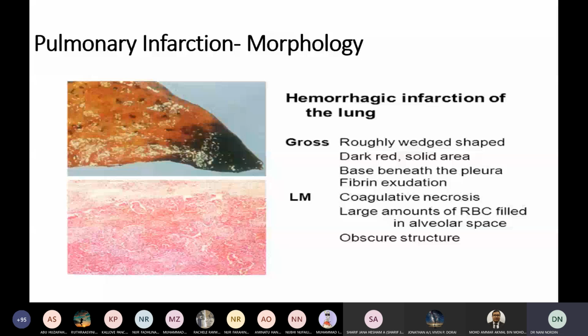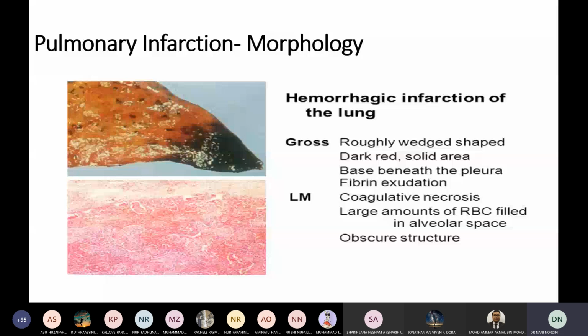The early part is coagulative necrosis, but eventually you will see a large amount of red blood cells, and because of that you will see hemosiderin. Eventually it will become scar. There will be fibrin and fibrinous exudate, and the infarcted part will become a scar.